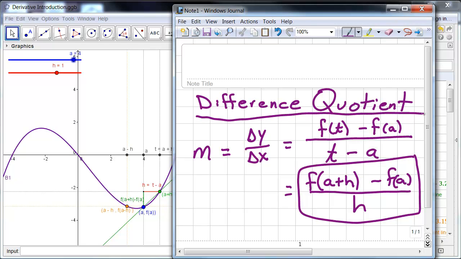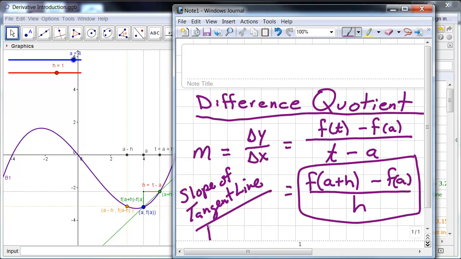And this is the slope of the secant line. Notice it goes through the point we're interested in. We're interested in the blue point, point A, f of A, and some nearby point, the green point.